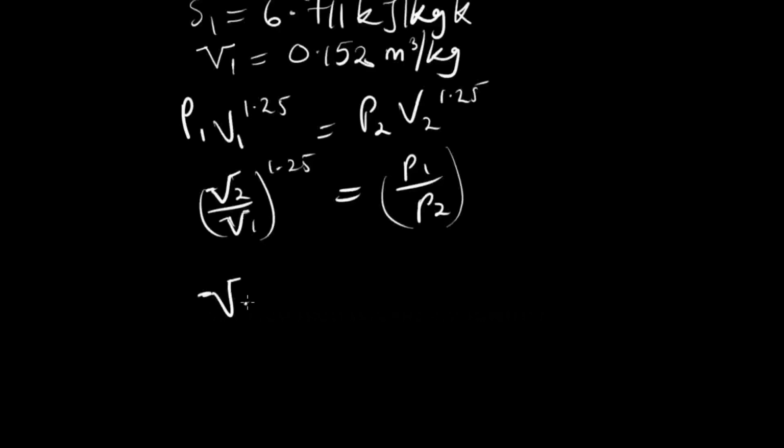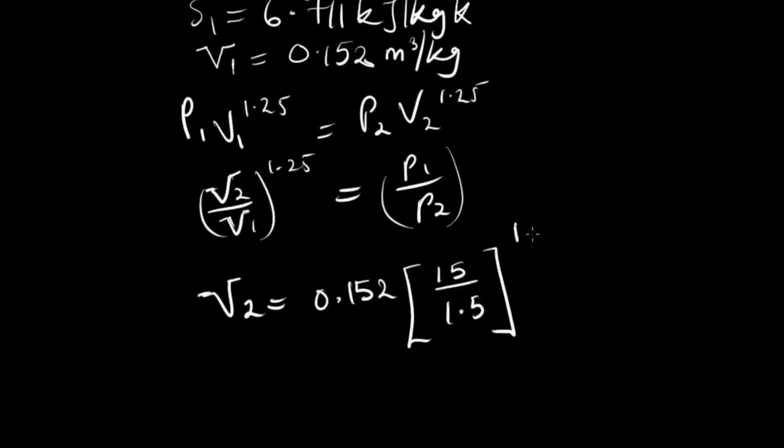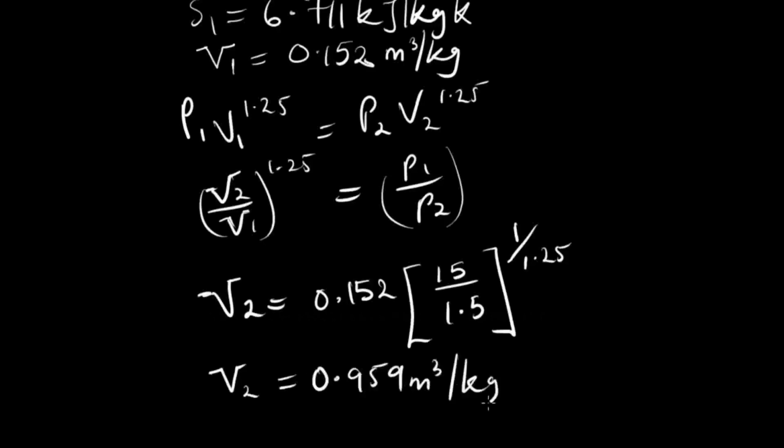So V2 is 0.152 into 15 over 1.5 raised to 1 over 1.25. That is indices. Once you move the power over, divide by 1. So what do we have here? Finally, specific volume in the second state is 0.959 meter cube per kilogram.